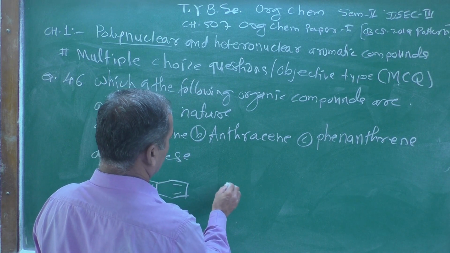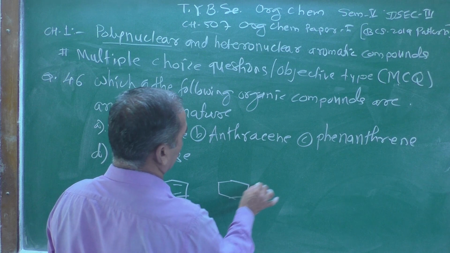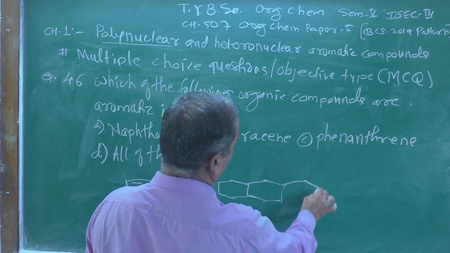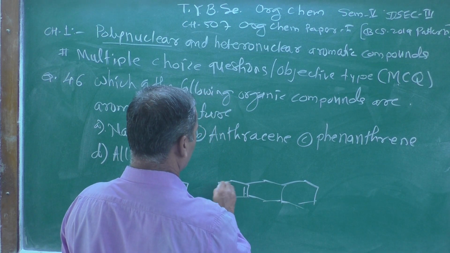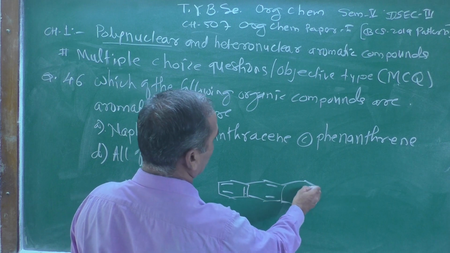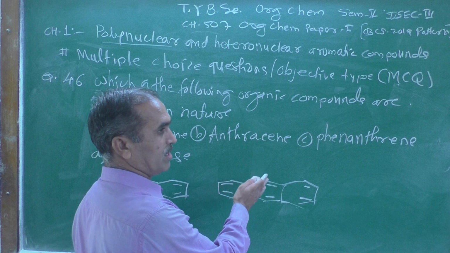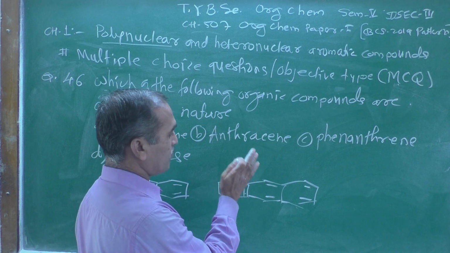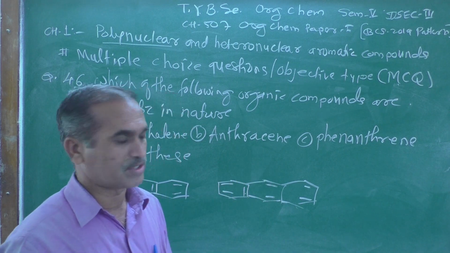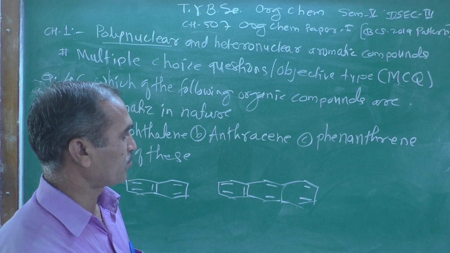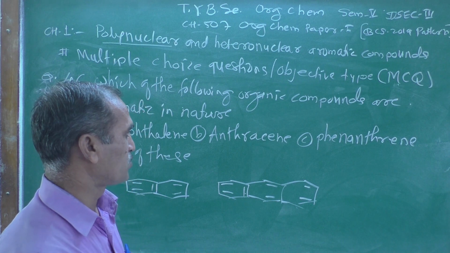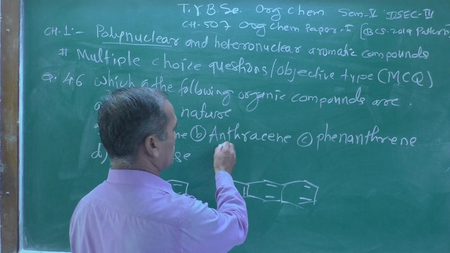As we know, this is aromatic in nature. Anthracene, the structure of anthracene would be this one. This also fulfills all the criteria of aromaticity: fully conjugated, planar, cyclic system containing 4n plus 2 pi electrons is known as an aromatic compound.